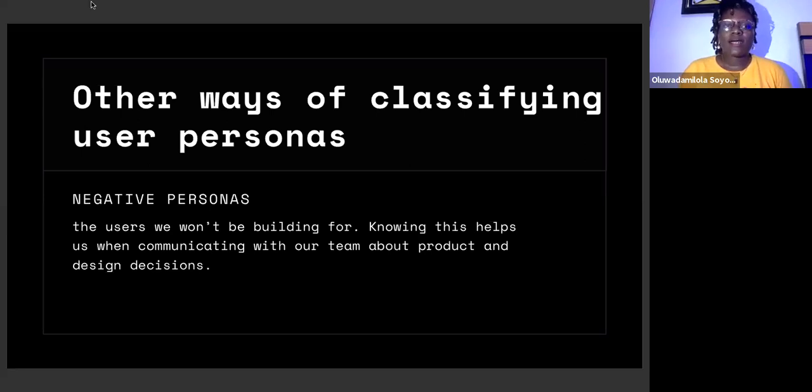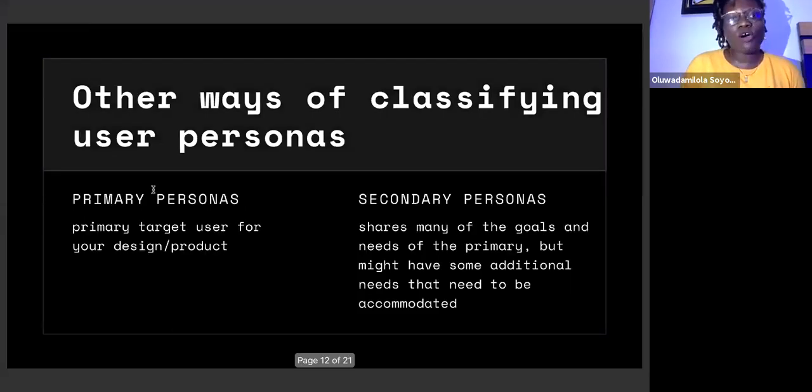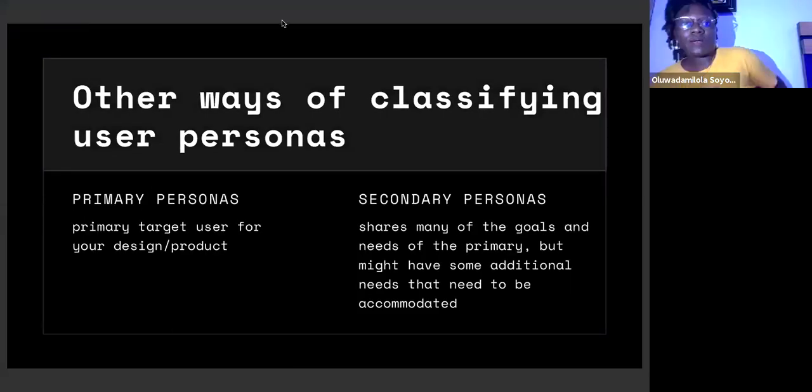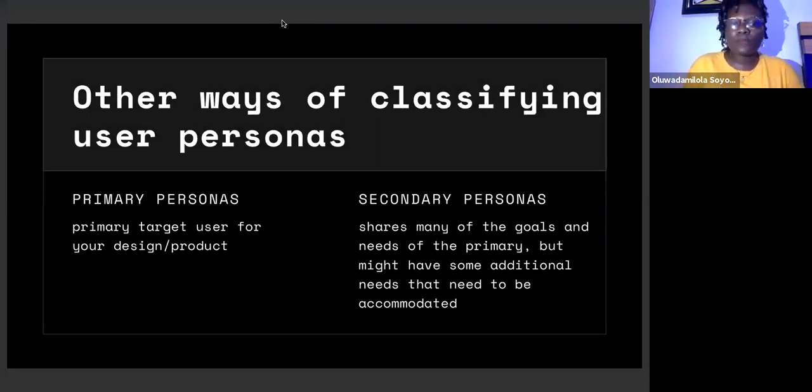Okay, a quick question: if I'm talking of primary personas, can anybody tell me who would be my primary target users if I am building a food delivery app?